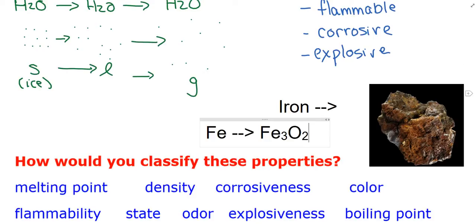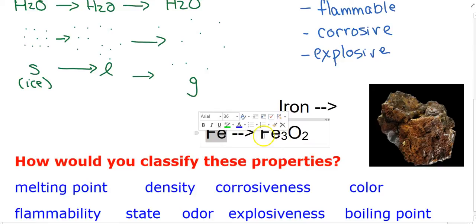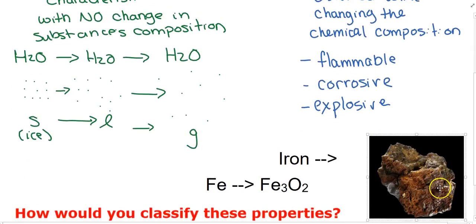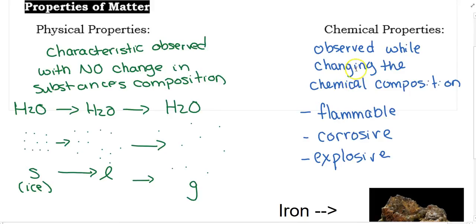See how it goes from one type of element to a completely different compound. It's not like water up here where we have H2O, H2O, H2O as it changes from a solid to a liquid to a gas. This turns into something completely different. So to figure out if something is able to rust or not, we actually have to change what the substance is at the atomic level. So that's an example of a chemical property. Think that you're changing what the chemical is.